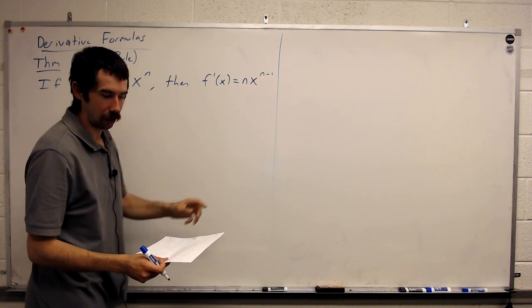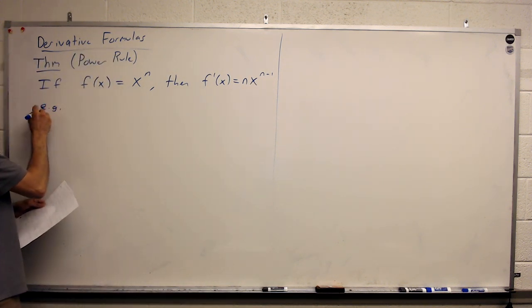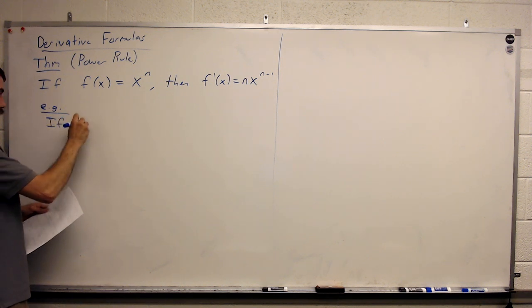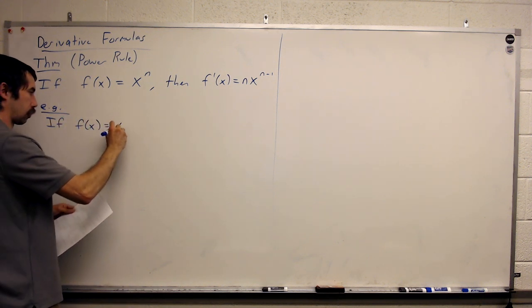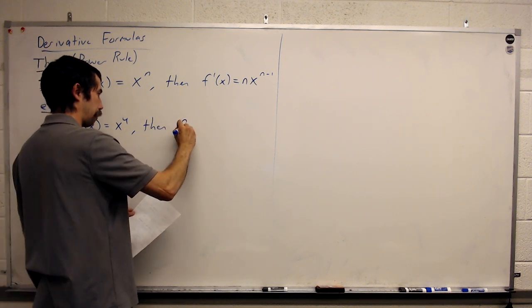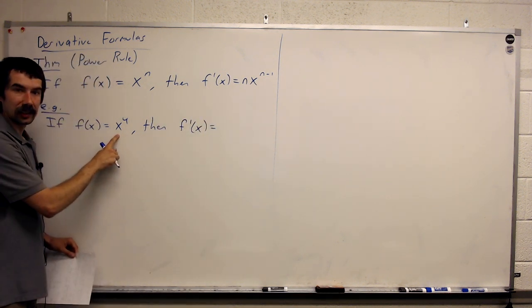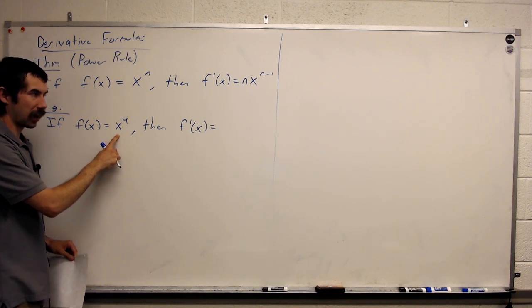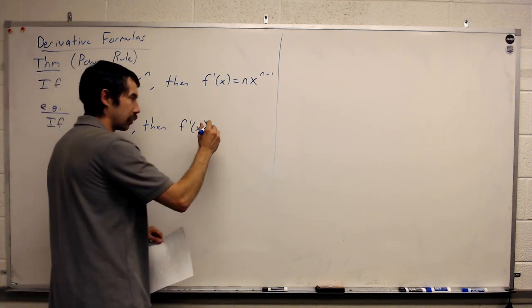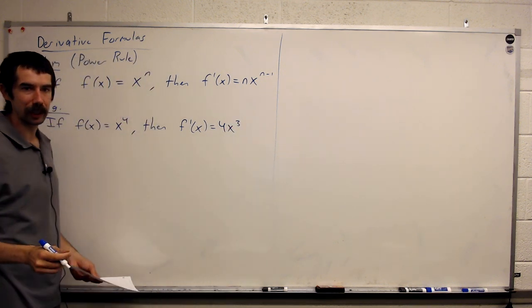All right, let me show you a few examples. If f of x is x to the fourth, f prime of x is, we bring the 4 in front and subtract 1 from the exponent.